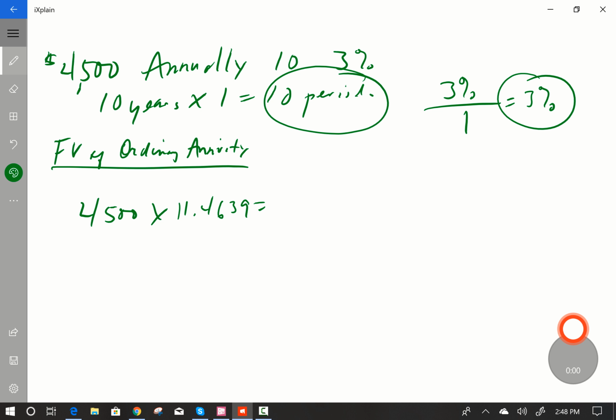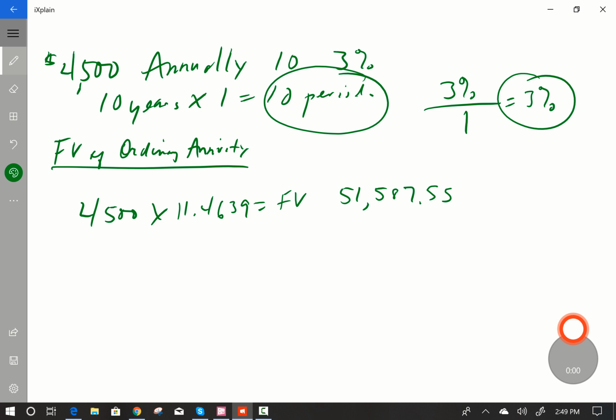That's going to give me the future value of this ordinary annuity of $51,587.55. Okay, that's your answer right there. That's the future value of this annuity.